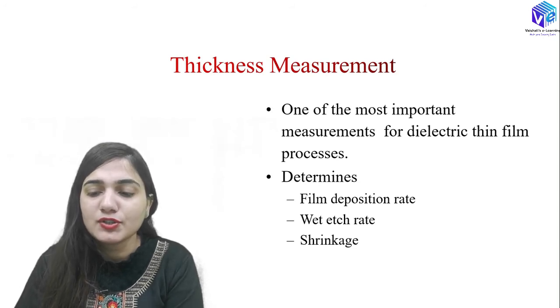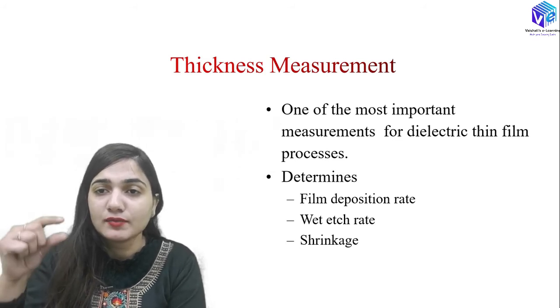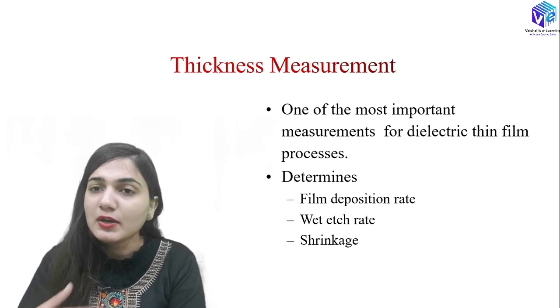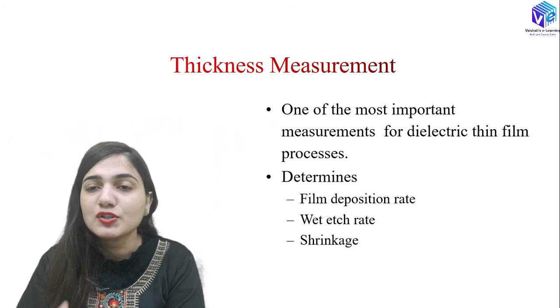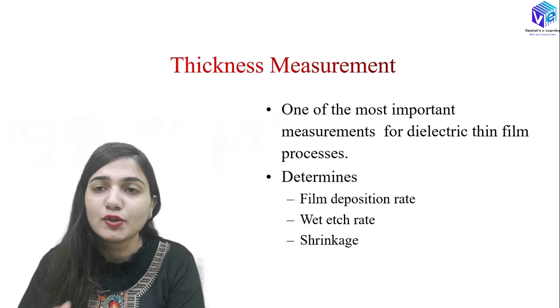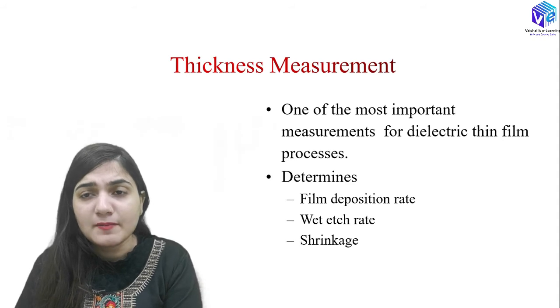It is one of the most important measurements for the dielectric thin film process, because if I have different thickness of the dielectric thin film, the basic application is going to change. We know the SiO2 layer used for passivation has a different thickness than the SiO2 layer used for the oxidation mask, diffusion mask, or ion implantation mask.